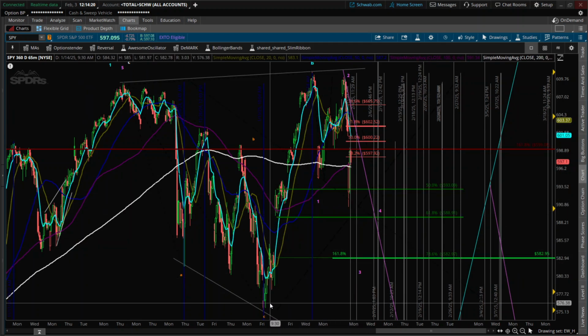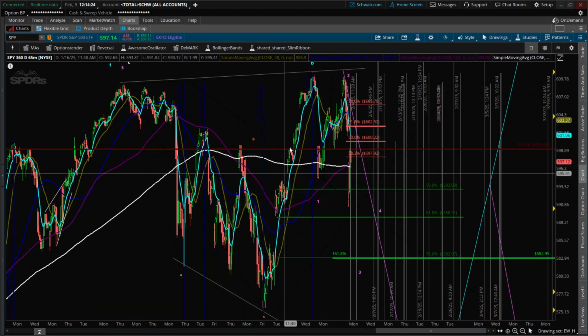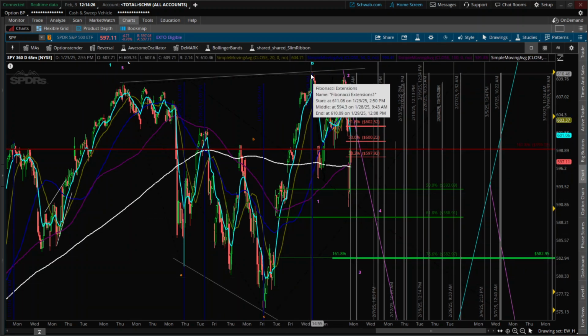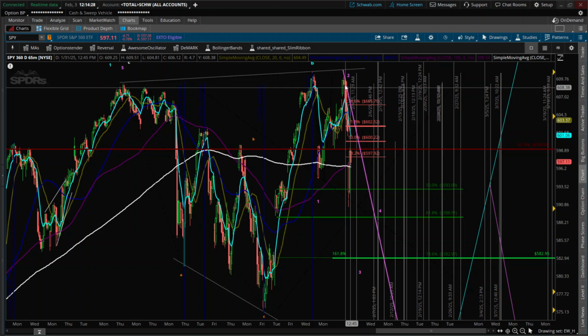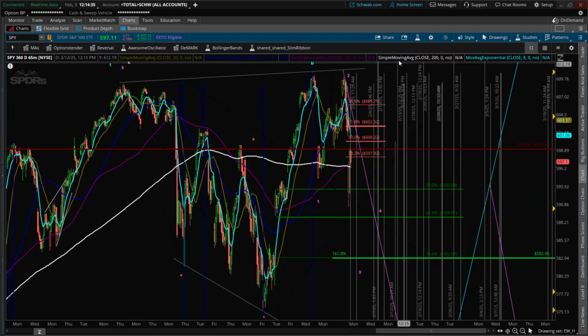And so if this holds, this will be your impulse wave 1. And then you have your A, B, C flat pattern for wave 2, and you go up for wave 3. And we're going to break those 1929, 2008 trend lines to the upside, and we're going to get on top of those.